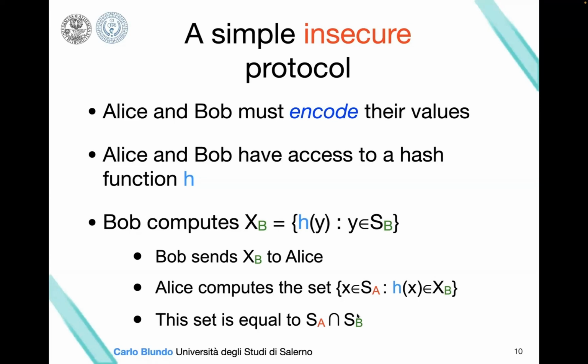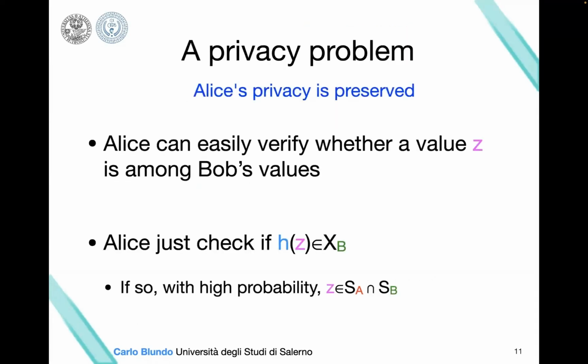The protocol is very simple, but it's insecure. It's completely insecure. Well, actually, Alice's privacy is preserved since Bob does not learn anything. Bob is sending some information to Alice, not vice versa. But Alice can easily verify whether a value z belongs to Bob's set.